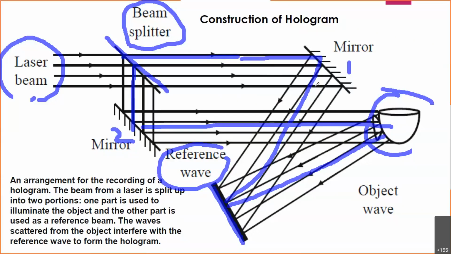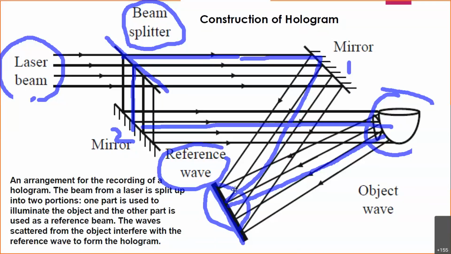Now look here carefully. If the arrival of both the waves, the object wave and the reference wave, is the same, they will create constructive interference, so you will record a pattern over here. If the arrival time of the object and reference waves is the same, you will record the intensity pattern, the hologram pattern, in a constructive manner.